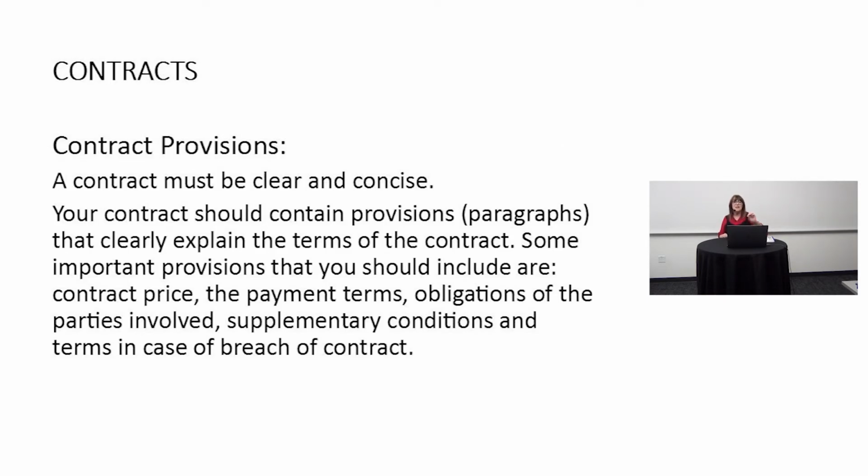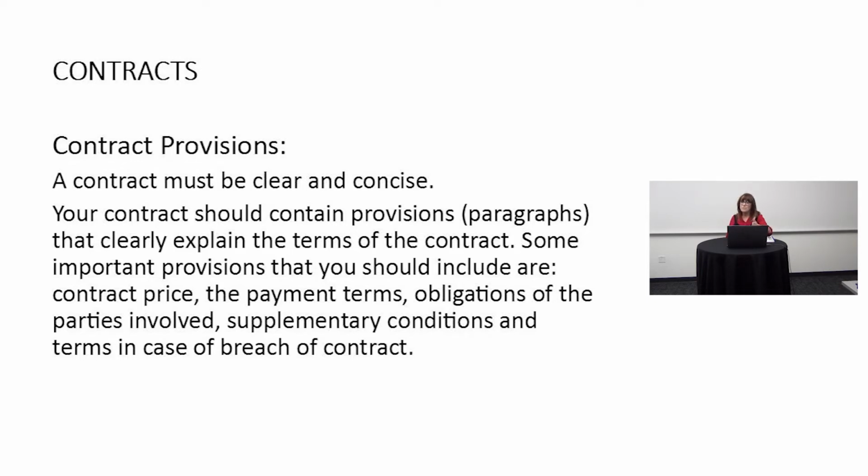Now here's an idea called contract provisions. I think of provisions as paragraphs. A contract must be clear and concise. Your contract should contain provisions, paragraphs, that clearly explain the terms of the contract.